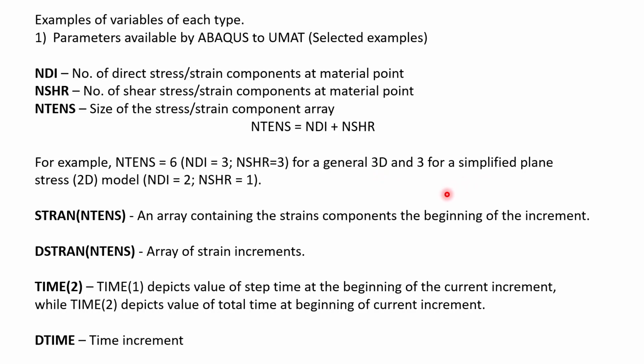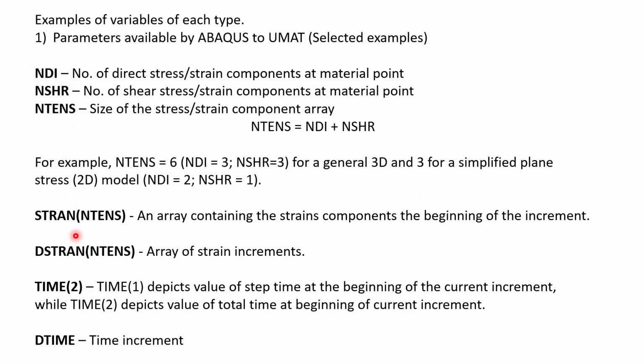For a simplified plane stress model, we have 2 normal components, which are in plane, and 1 shear, which is also in plane. The out of plane components do not exist. So in the in-plane components we have 2 normal and 1 shear. If we say our plane is xy or 1 2, we can say that sigma 11 and sigma 22 are the normal and sigma 12 is the shear. So this is about these 3 variables.